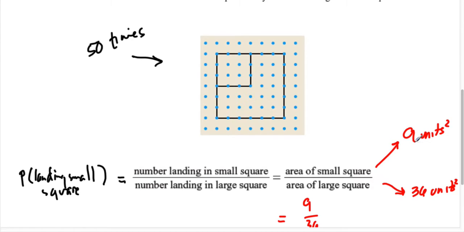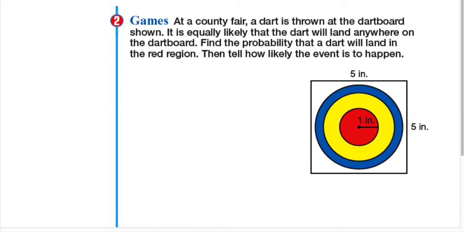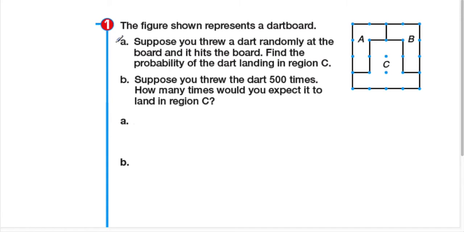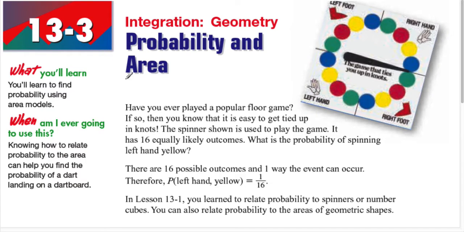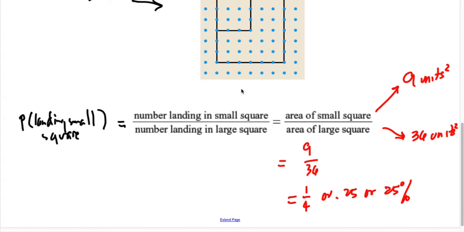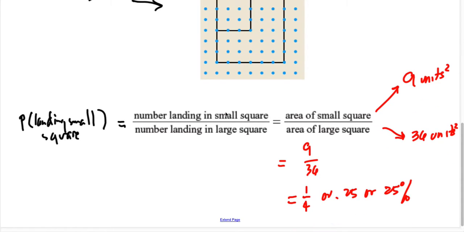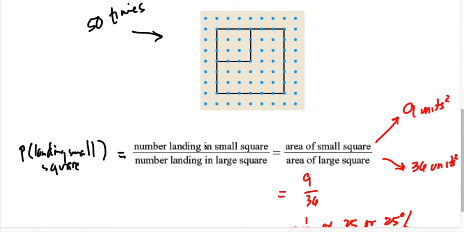So we have just related probability to area models, and we will use a similar formula to answer probability and area problems. Sorry, let me go back to that problem about our square. I forgot to mention, if the beanbag was thrown 50 times and the probability is 1/4, how many times will it land on that small square?